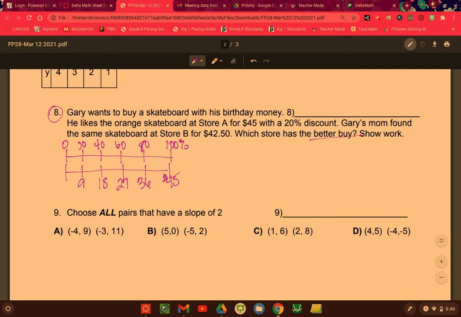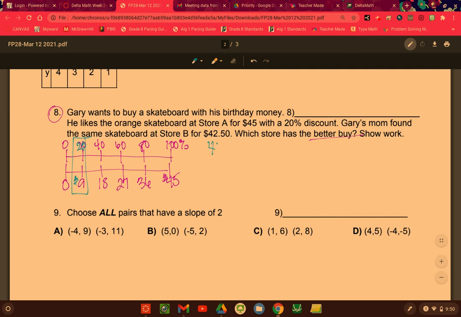And 9 times 5 is 45. So this would be 0. So if I'm looking at this right here, 20% is how many dollars? That's $9. So if it's a 20% discount, we're going to take $9 off of 45.